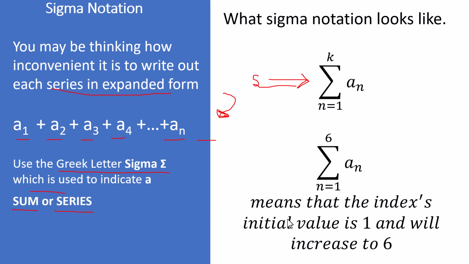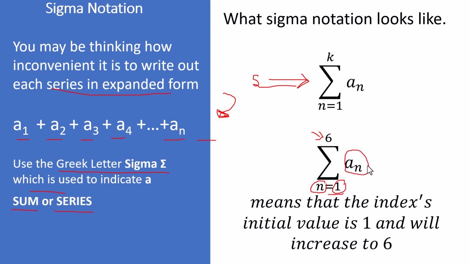Okay, so what that means is we start with an index. A lot of times you'll see this as an I, but it can be any variable. And it'll tell you where we're going to start on the bottom and where we're going to stop on the top. So we're going to start with the first term. We're going to go up to 6 terms. So that means that we're going to have an expression here.